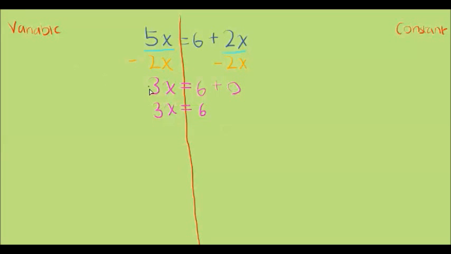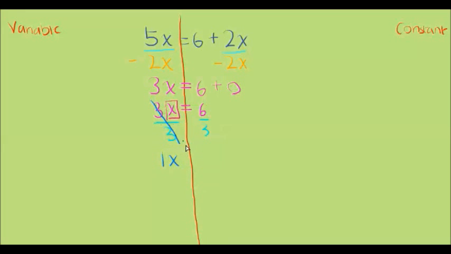Now I am going to use the inverse operation to isolate the variable x. I don't want the 3 in front of the x, so I'm going to divide both sides of the equation by 3. 3x divided by 3 is simply x, because the 3's cancel out. 3 divided by 3 is 1, and 1x is simply just x.